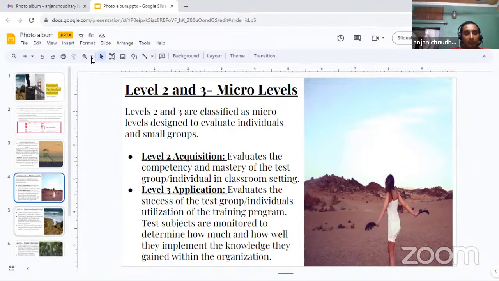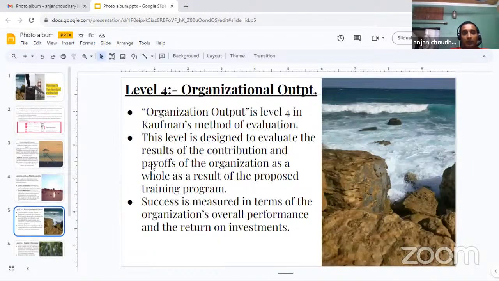The third slide is about level 4, organizational output. Organizational output is level 4 in Kaufman's method of evaluation. This level is designed to evaluate the results, contribution and payoffs to the organization as a whole as a result of the proposed training program, and success is measured in terms of overall organizational performance and return on investment.